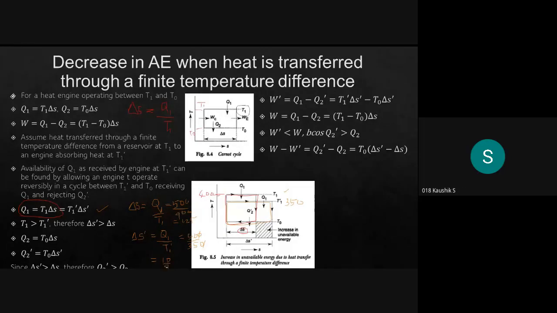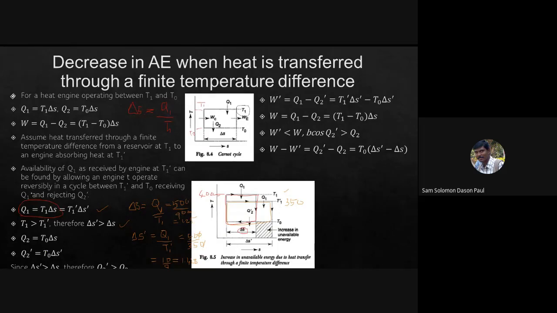Obviously now you can see that your delta S dash is greater than delta S. Just to give you that understanding, I have taken this numerical example. When you divide the same entity with a greater number, you have a lesser value, and when you divide the same entity by a smaller number, you have a greater value. So your delta S dash is going to be greater than delta S.